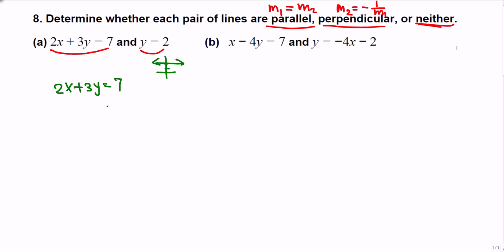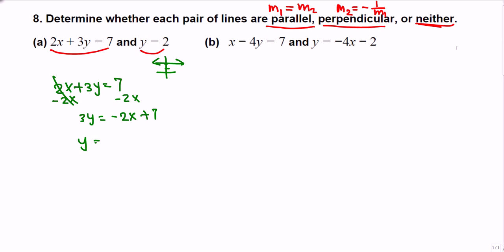To find the slope, we need to put this in the form y equals mx plus b. So isolate y. Subtract 2x from both sides. We get 3y equals negative 2x plus 7. Now divide by 3.